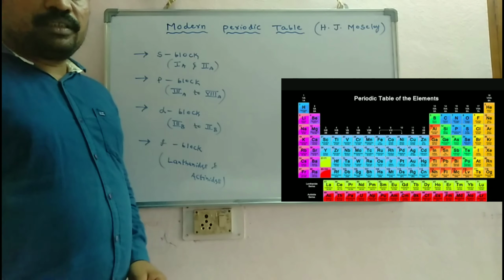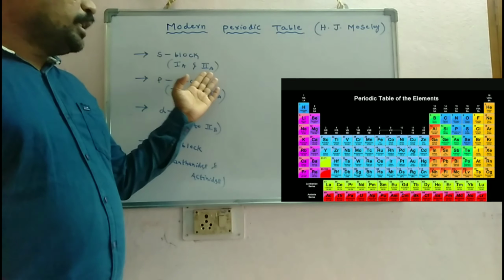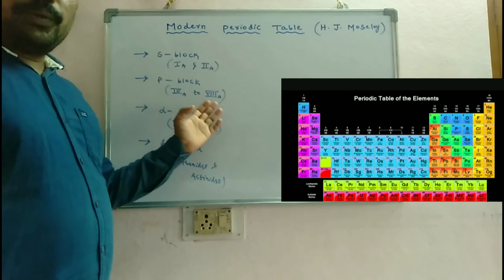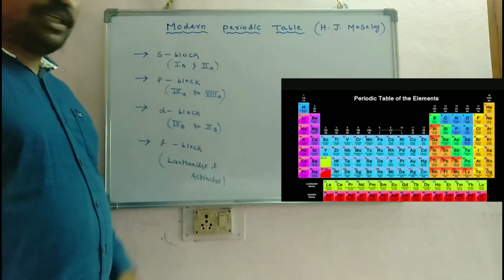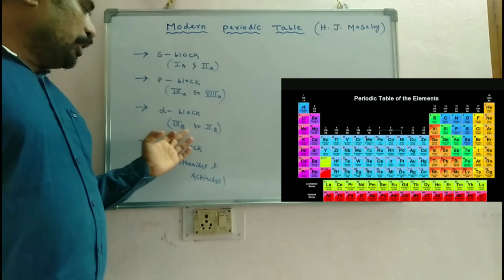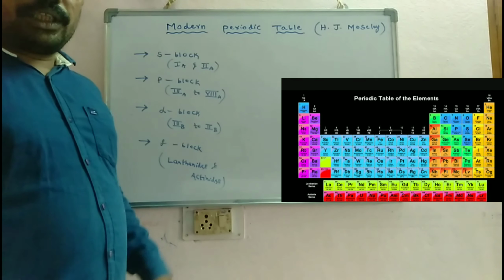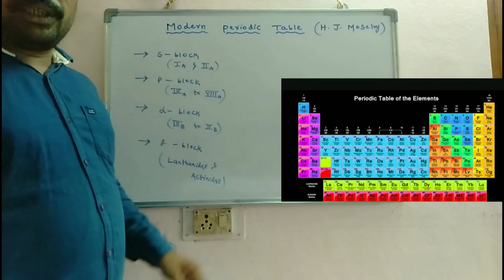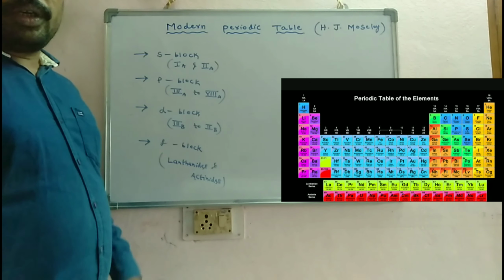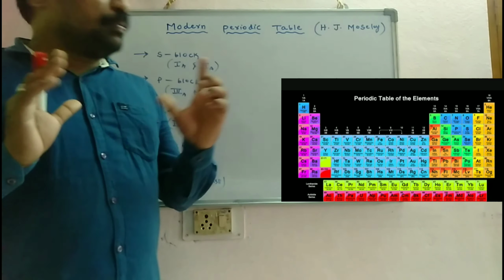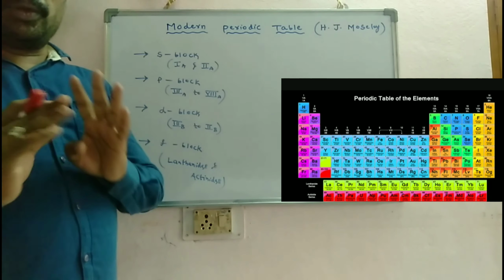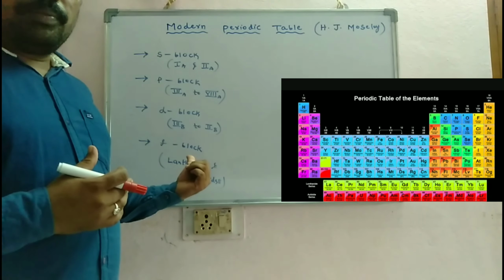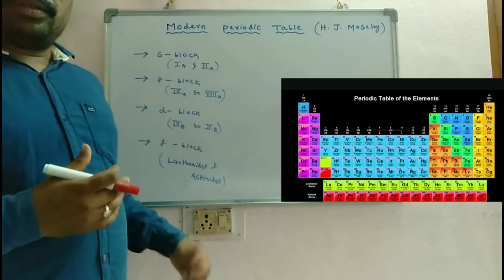S block elements are 1A and 2A group elements, and 3A to 8A group elements are called P block elements, and 3B to 2B elements are called D block elements, and lanthanides and actinides which are below the periodic table are called F block elements. So the periodic table has been divided into a total of 4 blocks. They are called S block, P block, D block and F block elements, right?